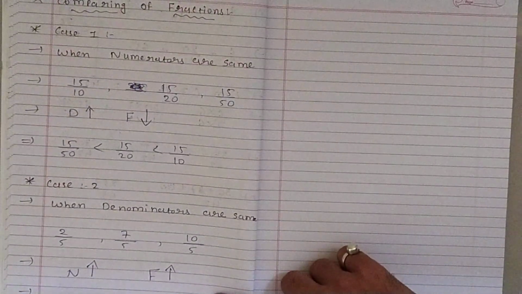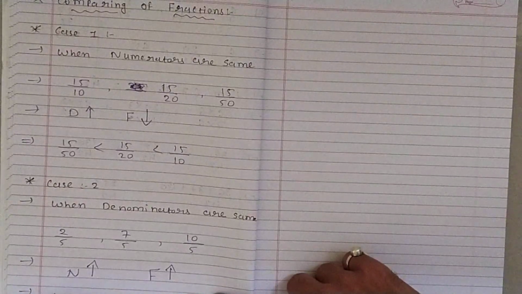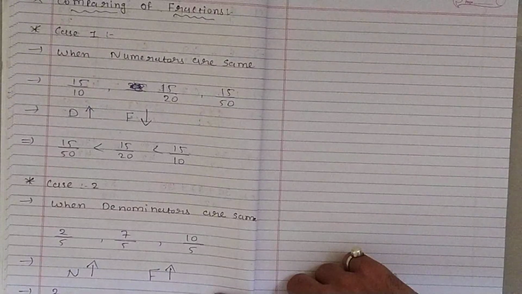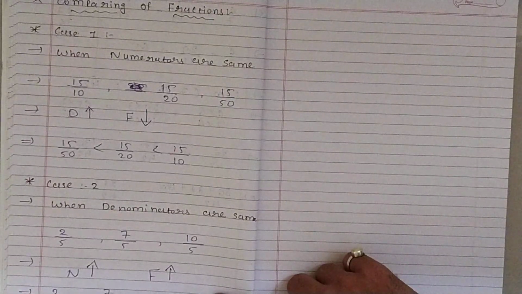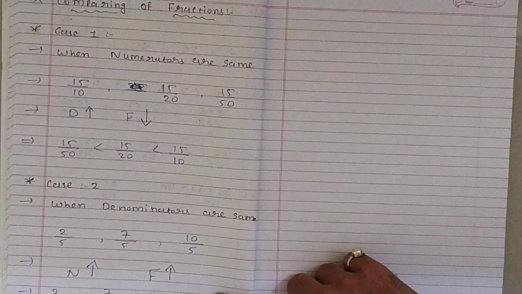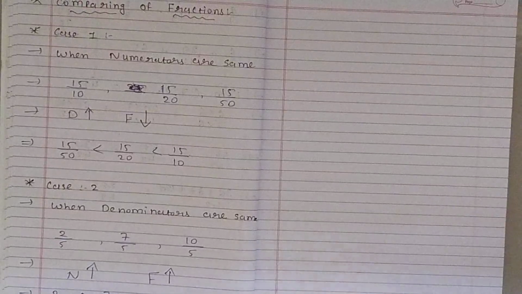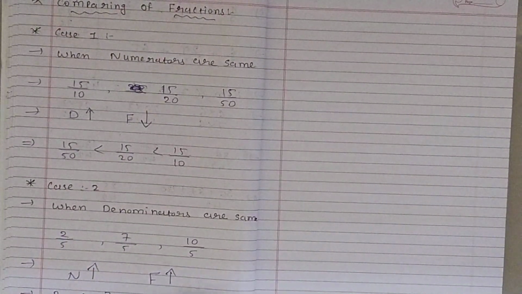Now if I want to arrange these three fractions in ascending order, I will write the lowest numerator first. Okay, lowest numerator वाला fraction I have to write first. Okay, then these are less than signs, ठीक है. This is the lowest fraction, this is the biggest fraction, this is the ascending order.